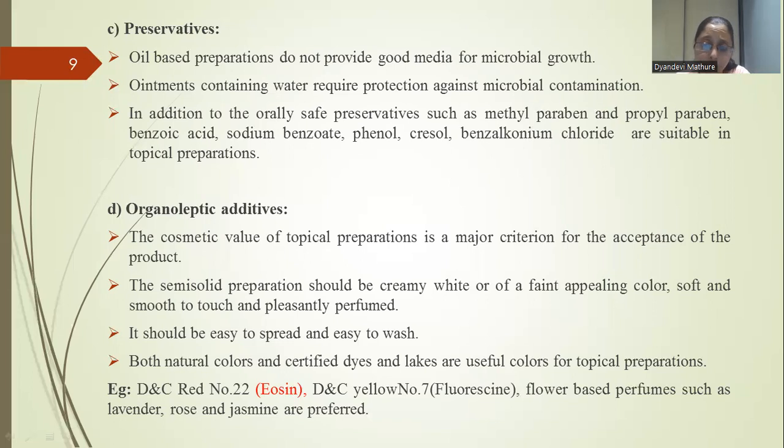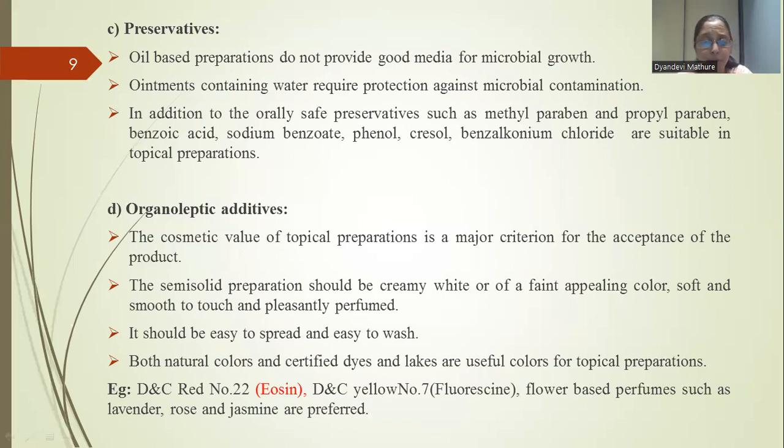So in case of organoleptic additives, the cosmetic value of a topical preparation is a major criterion for the acceptance of the product. Of course, these topical preparations have more cosmetic value. We have seen many ointments, many creams, many gels are available which come under the category of cosmetic. So this cosmetic value of your topical preparation is a very important criterion.